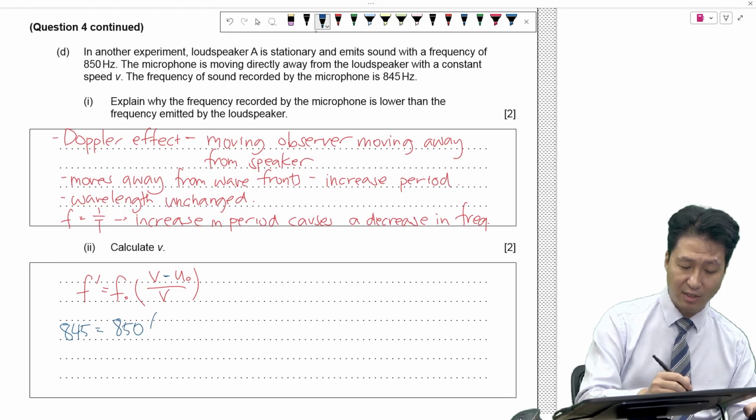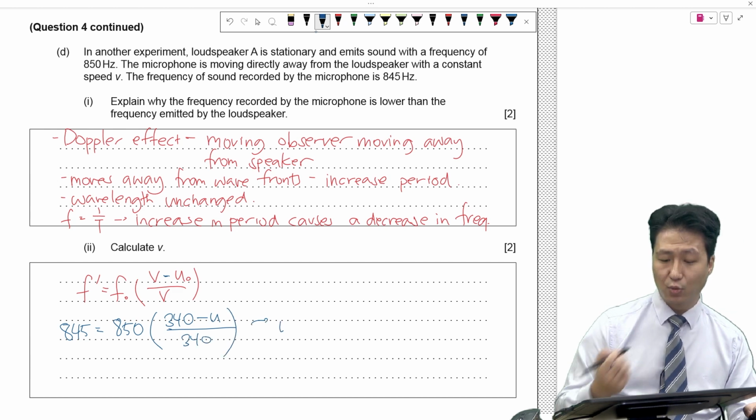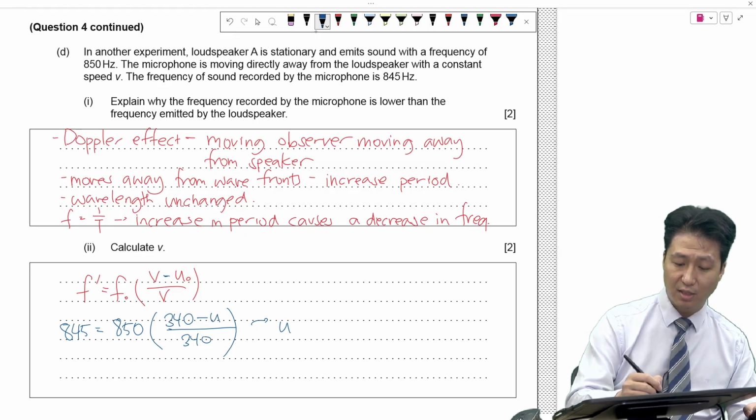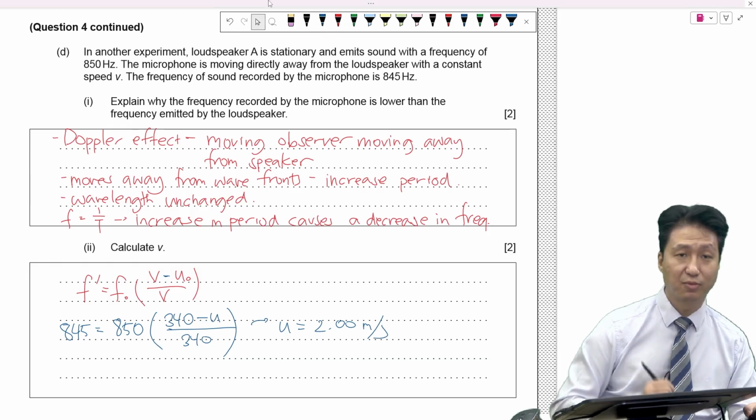The original frequency is 850 hertz. The speed of the wave is 340 meters per second. There's only one unknown in this equation, which means you can find that the speed of the observer will be 2.00 meters per second.